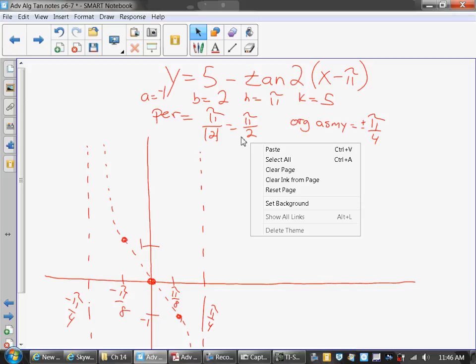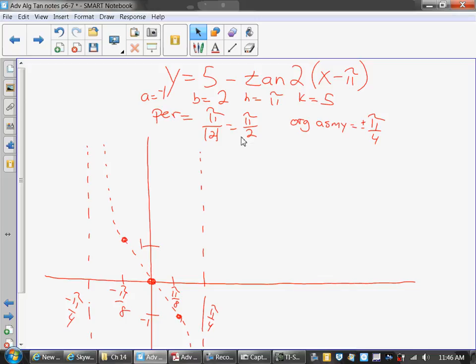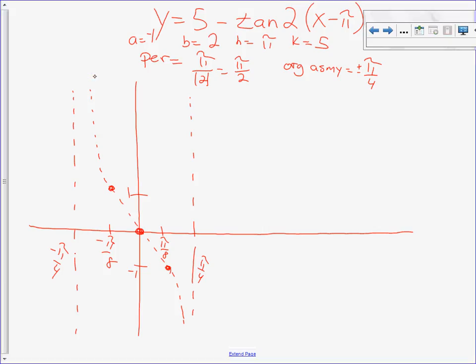All right? Like I said, the weirdest thing about graphing and working with the tangent stuff is that the fractions become a little bit nastier looking because your periods and your asymptotes all get condensed inward. It's not as expanded out as the sines and cosines can be. All right? So now we have all of our new critical values. We can go ahead and just start plotting points from here.